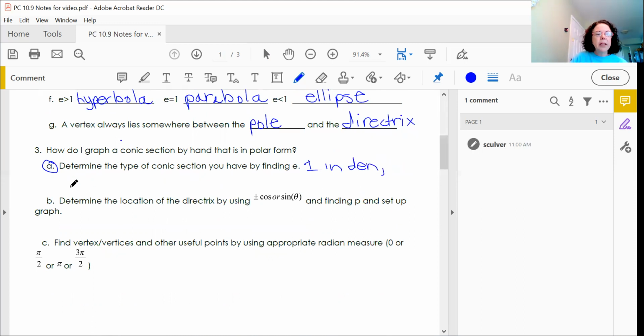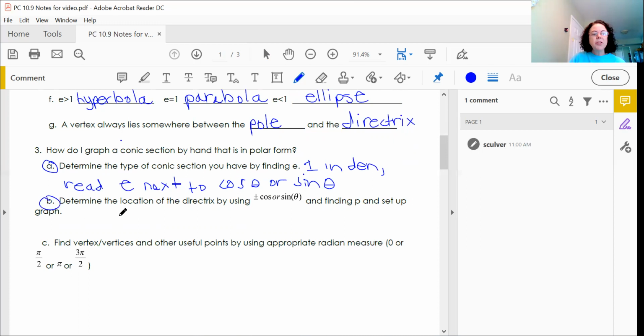And then we read our E next to cosine or sine. Then we use the E times P in the numerator to get our P. So our E comes from the denominator.